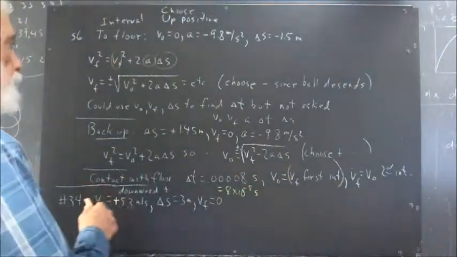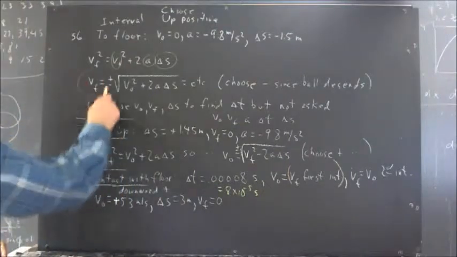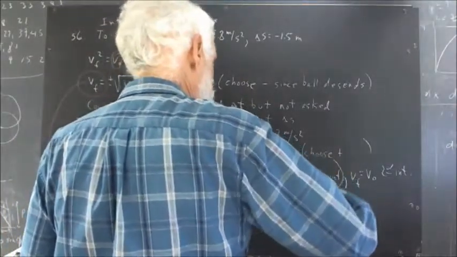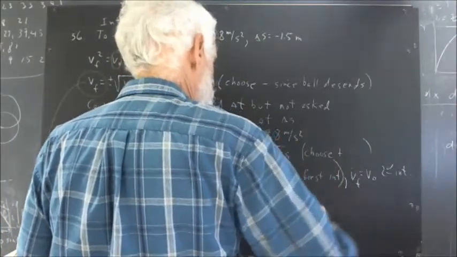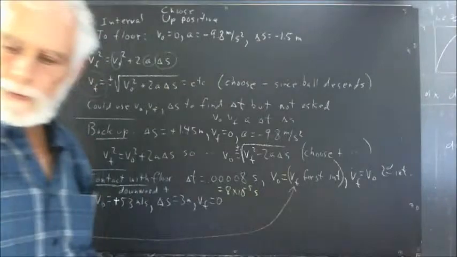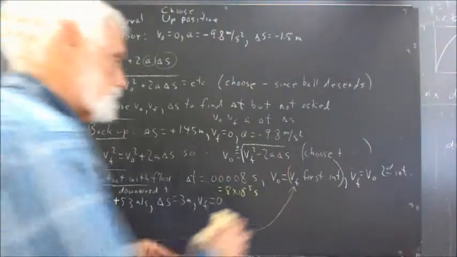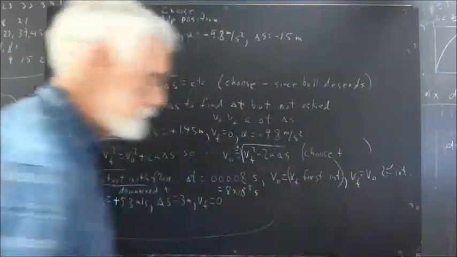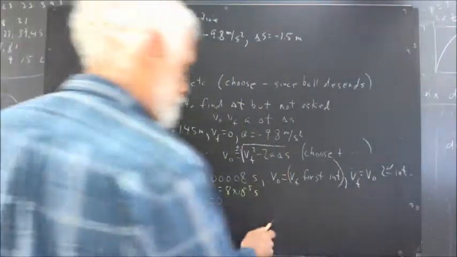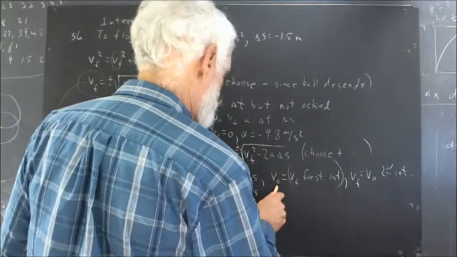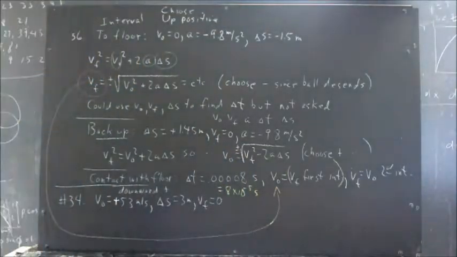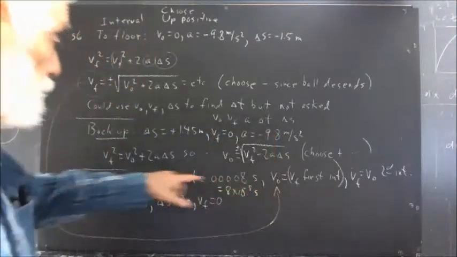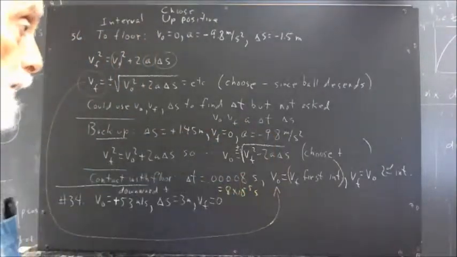So this VF here gets brought down, bring it down here and all the way around, and it becomes the V naught. Okay, there's our V naught for this interval, this 8 times 10 to the negative fifth second interval.